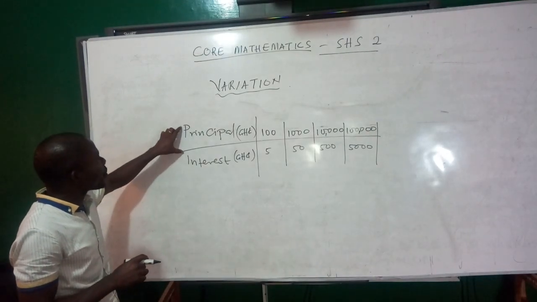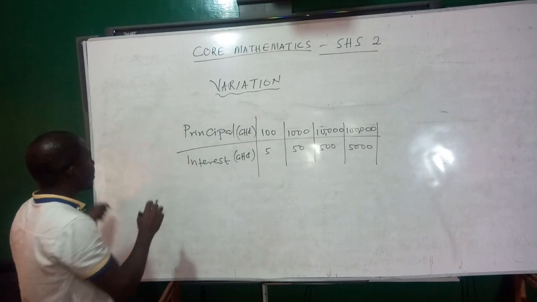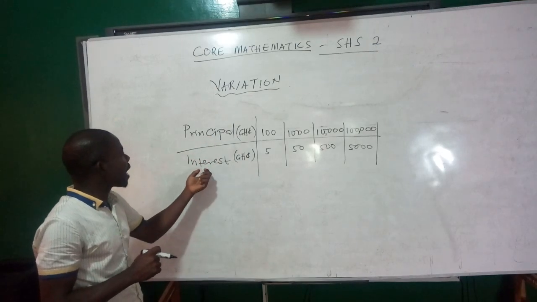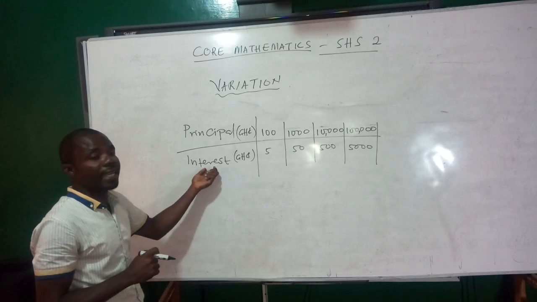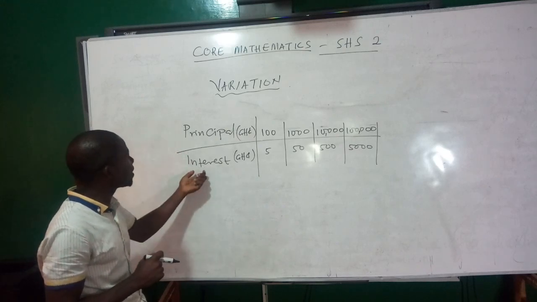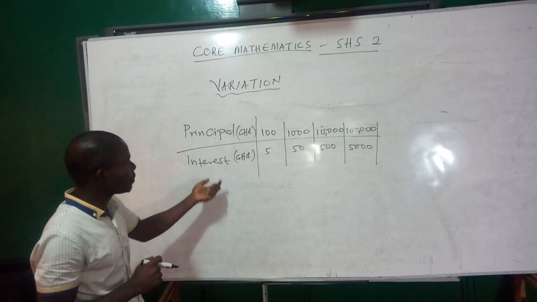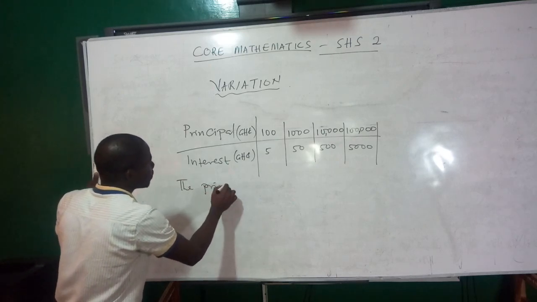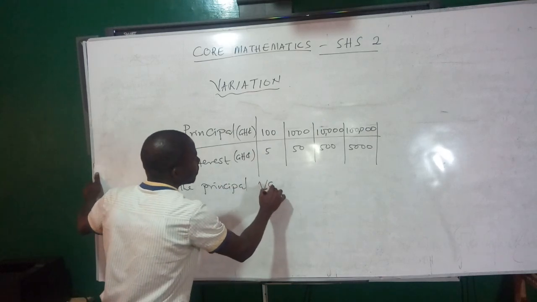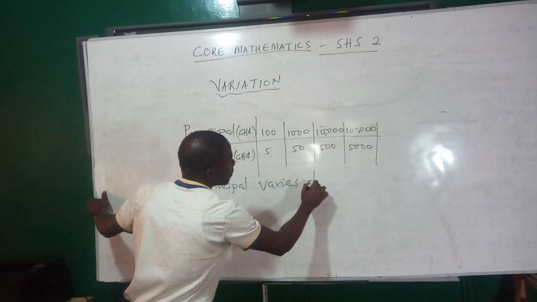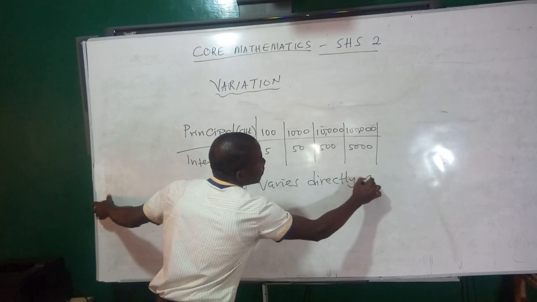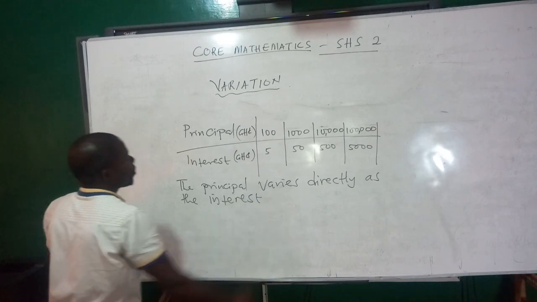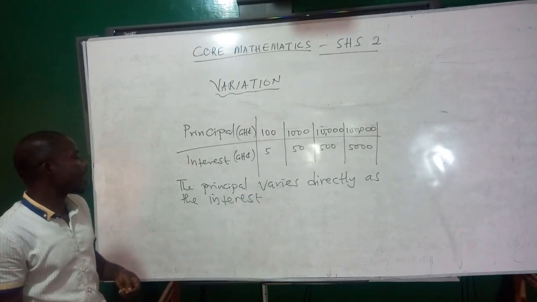And with this, we can write it mathematically as: the principal varies directly as the interest.